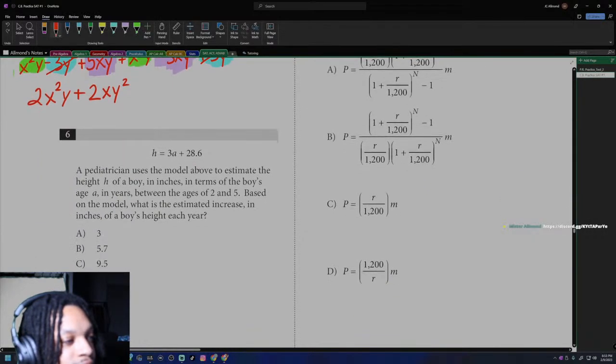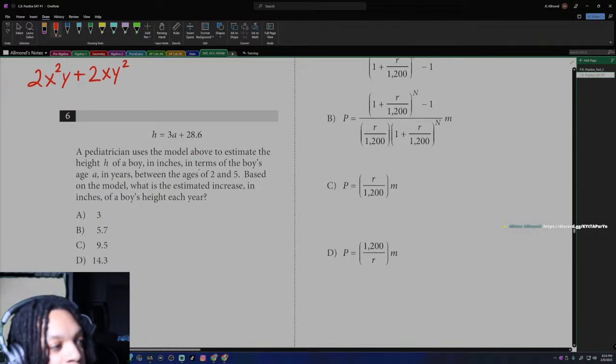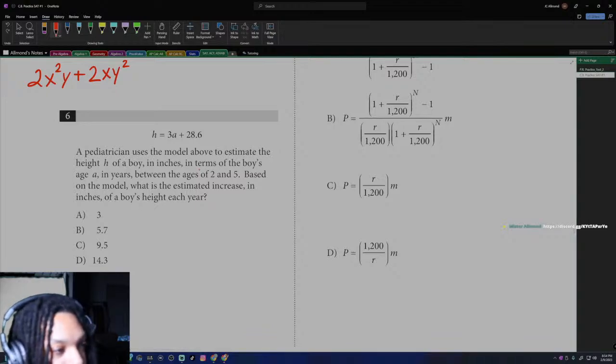That is tough. All right, number 6. A pediatrician uses the model above to estimate the height of a boy in inches in terms of the boy's age. So his height is a function of his age between the ages of 2 and 5. Based on the model, what is the estimated increase in inches of a boy's height each year?